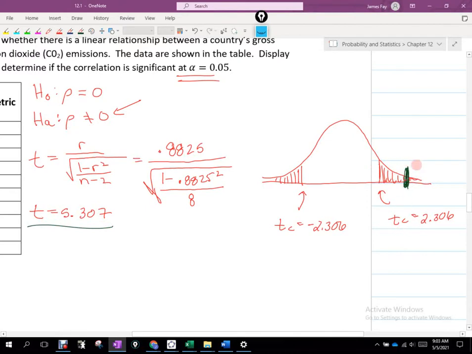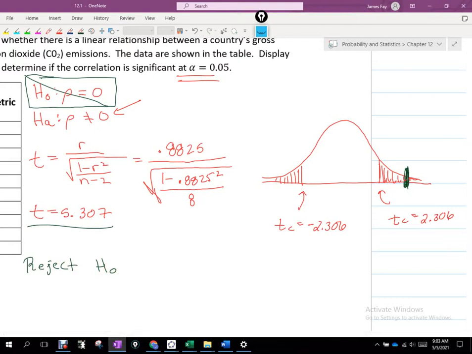Okay, and it's probably even a lot further to the right than that, but it's in the rejection region, correct? Okay, so we are going to reject H sub naught.